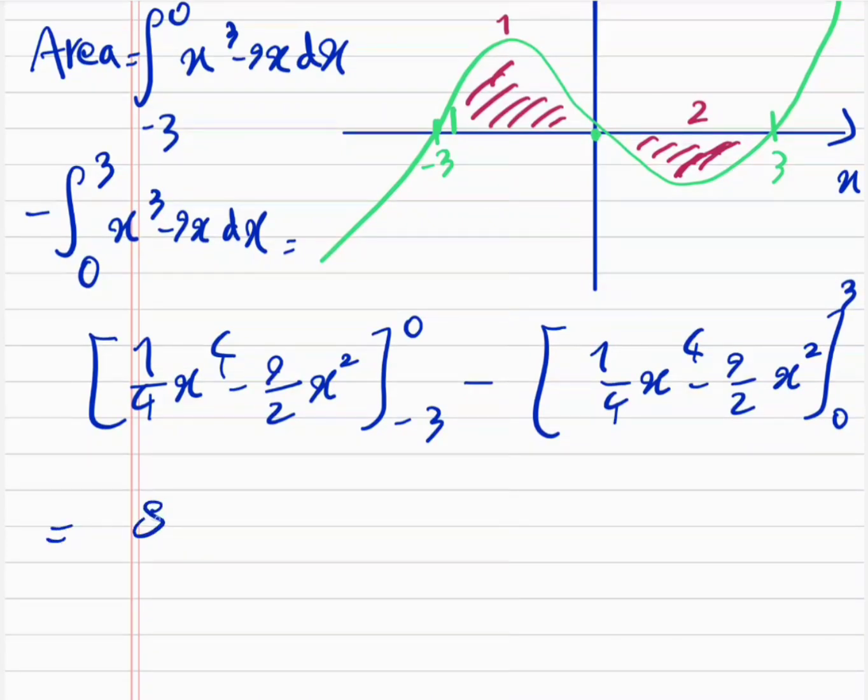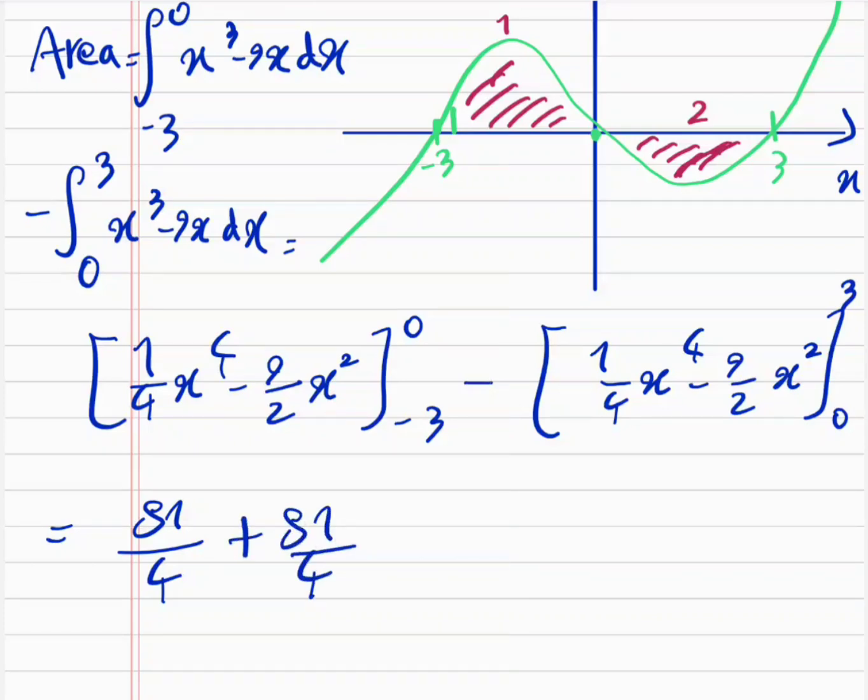Okay, so the answer to the first integral is 81 over 4, and the answer to the second integral, once we substitute these values, is minus 81 over 4. But again, because we want the magnitude, that's the purpose of this negative here. So minus 81 over 4 is going to give us 81 over 4.